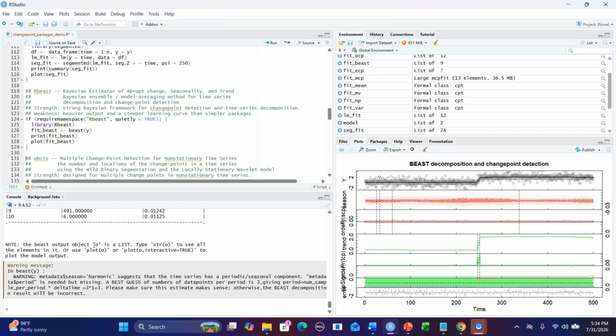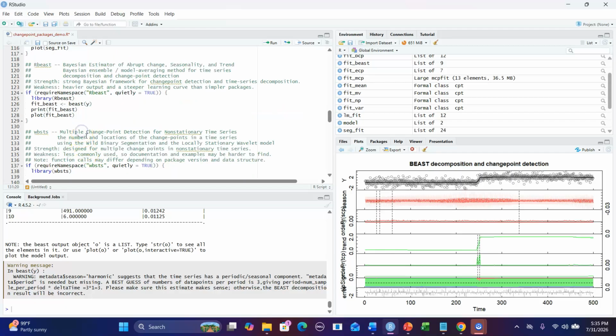If you look on the right-hand side, the first one above is the raw data with the fitted curve showing the mean shift, with the gray area as the confidence band. The next one is the posterior probability of seasonal change points, showing about 4. And the next is the posterior probability of structural change points, about 2, and they are around 250 to 251. So this is a very sophisticated change point detection method.